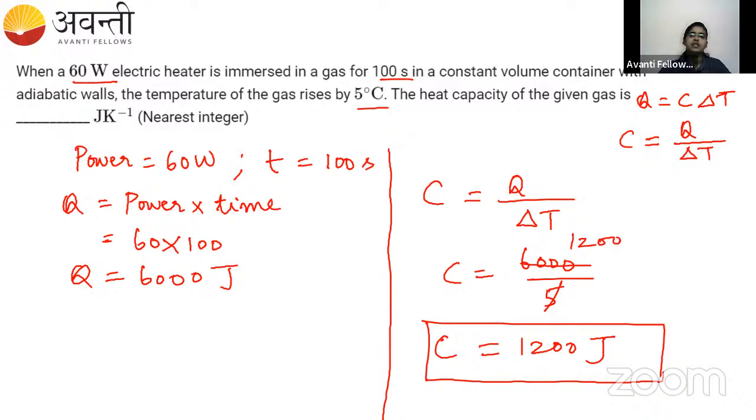Okay, 1200. It is not joule, right? It is joule per Kelvin. So the answer is 1200.